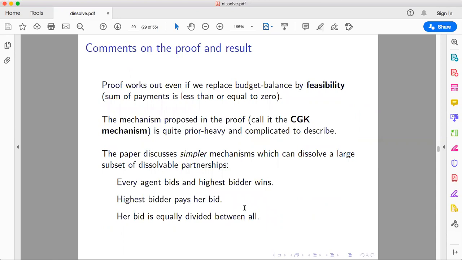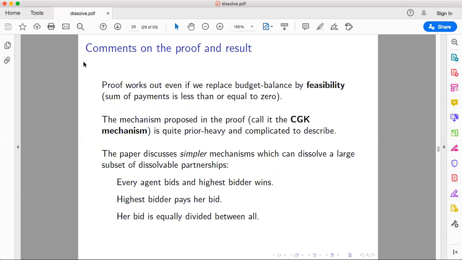The Bayes-Nash equilibrium of this game would be efficient. Of course, the mechanism itself is budget balanced. It will also satisfy interim individual rationality. So in the equal partnership case, it will give every agent 1 over n of its value.